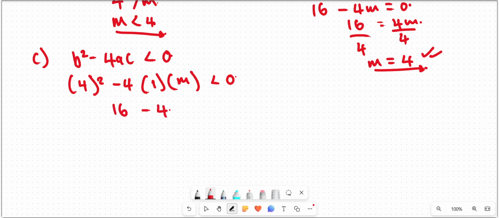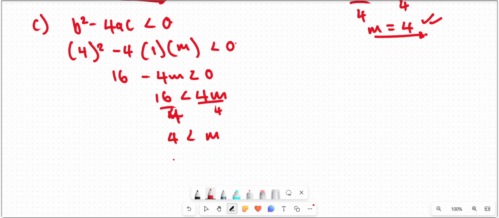16 minus 4m is less than 0. You take this to the other side. You divide by 4, you divide by 4, and so, sorry, it's a 4. So 4 is less than m, or rather m is greater than 4.